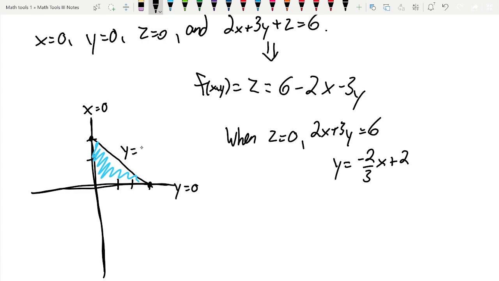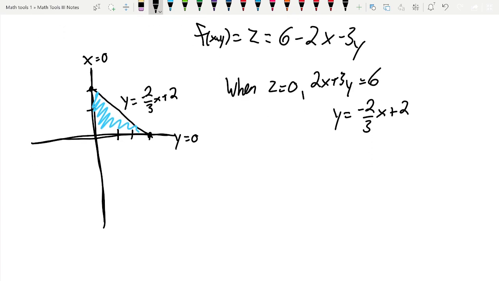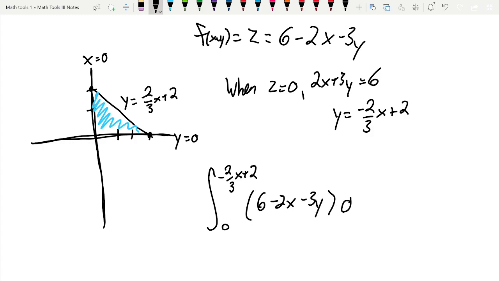So again, this is y equals negative 2/3 x plus 2. We could integrate from 0 to negative 2/3 x plus 2 first. Our equation is 6 minus 2x minus 3y, so in this case we would be doing it with respect to y first.